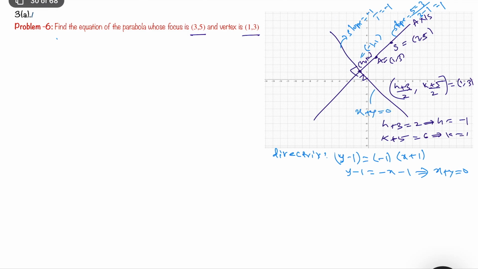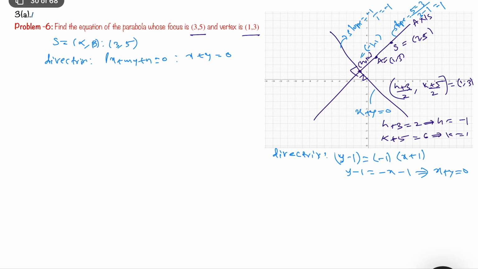Okay. Now we have a focus S (alpha, beta) equal to (3, 5) and the directrix Lx plus my plus n equal to 0 is x plus y equal to 0.